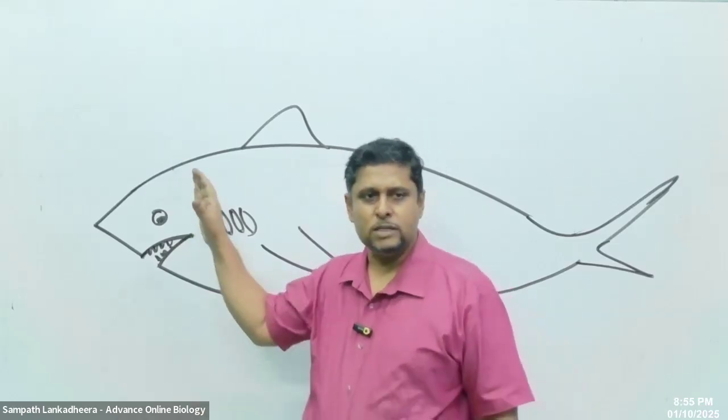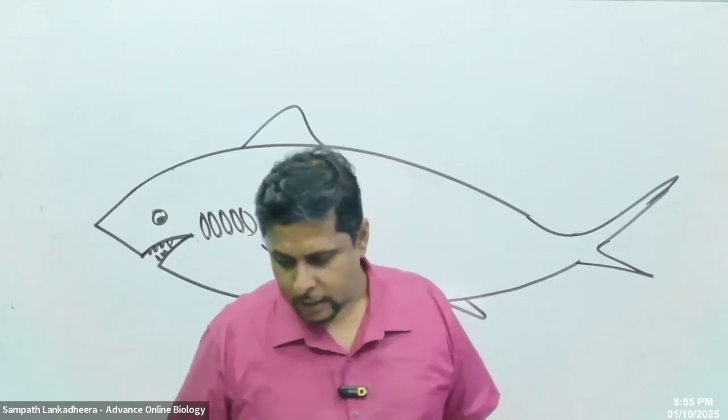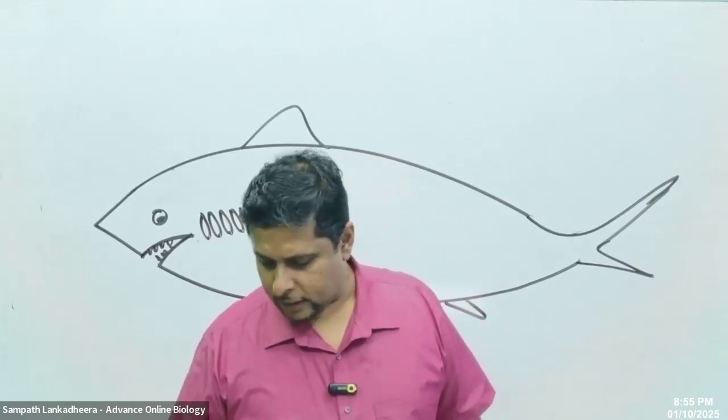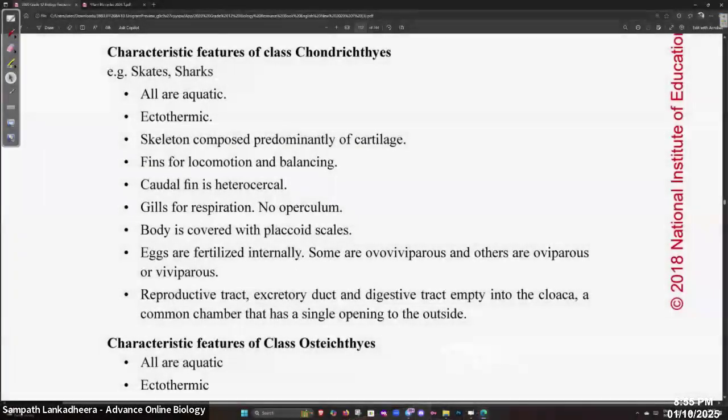Now in a bony fish you can see an operculum, but here you don't see any operculum. And then gills for respiration, body covered with placoid scales. Placoid scales are there. So that's a special term, placoid scales.